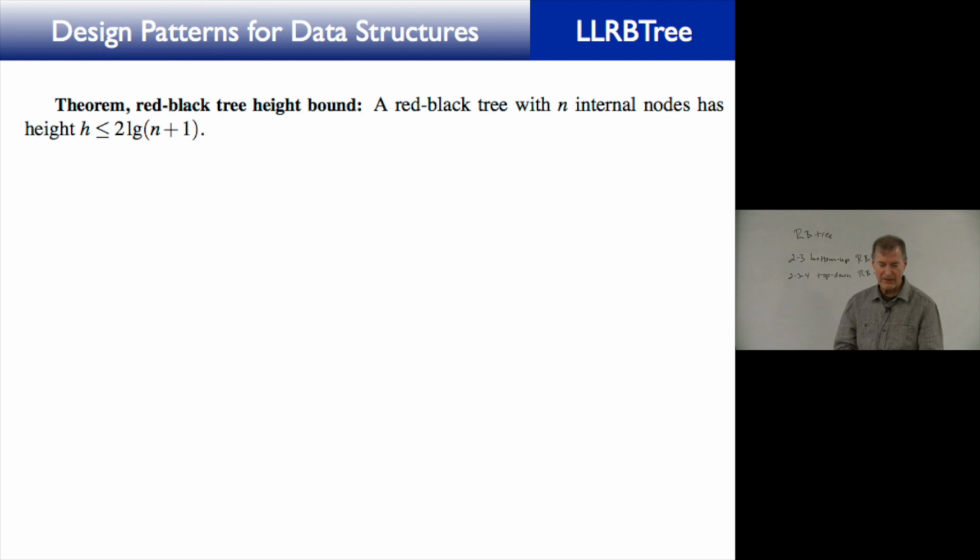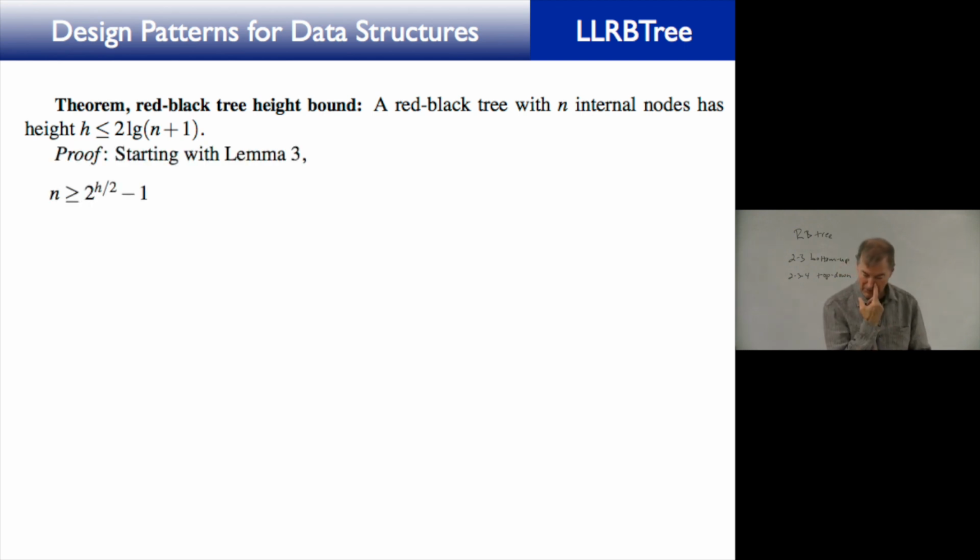But look, you guys, that's the red-black tree height bound: a red-black tree with n internal nodes has height h less than or equal to 2 log. Now all you have to do is a little math, starting with this result from lemma 3, because we want to get h. The performance is related to h.